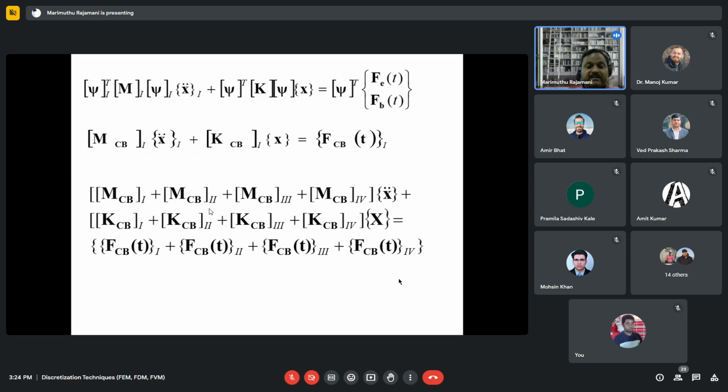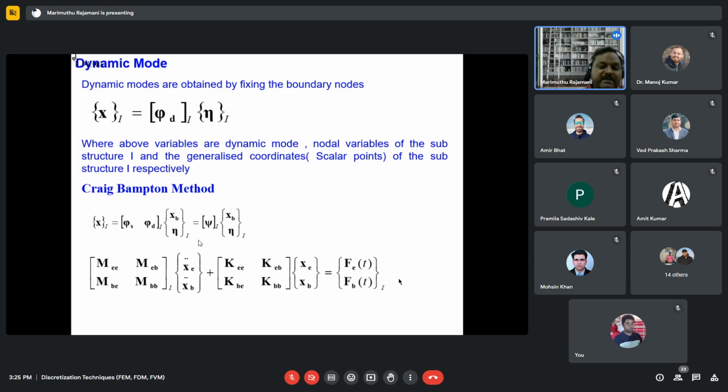In the aircraft industry and in the rocket industry, there are different groups: wing group, fuselage group, like that. They can perform their dynamics part, and they only need to supply the interface matrices to get the dynamic characterization of the whole aircraft.